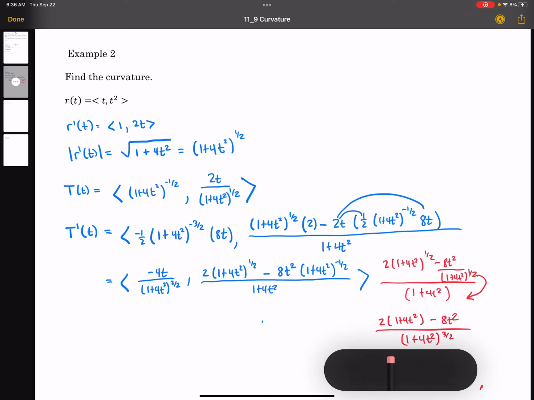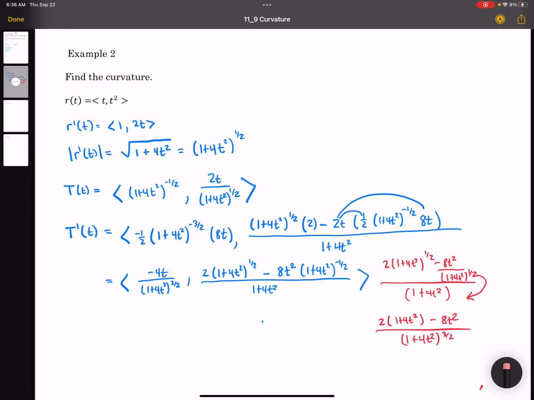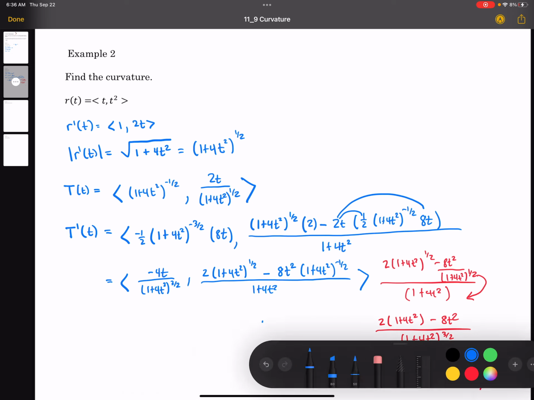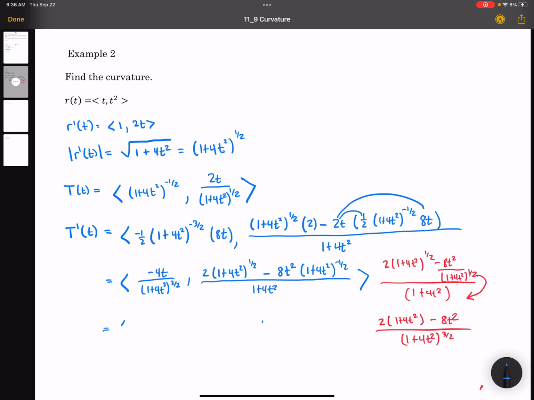So this second component actually simplifies to something a little nicer, but still ugly when we have to square it. So we actually get negative 4t over (1 plus 4t squared) to the 3/2 for the first component. And again, if we distribute, the 2 and the 8t squared cancel to make 0, so we just get 2 over (1 plus 4t squared) to the 3/2.